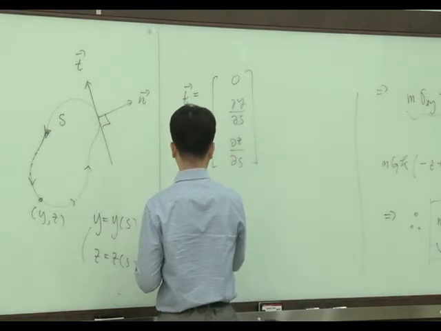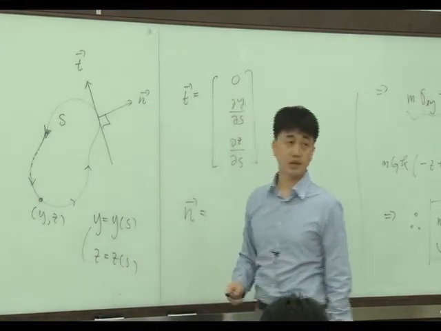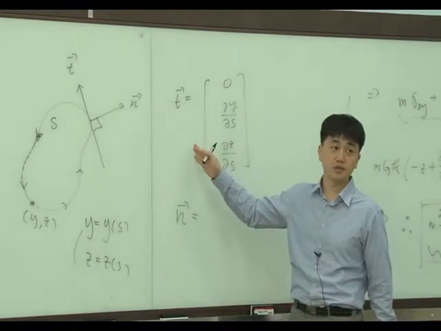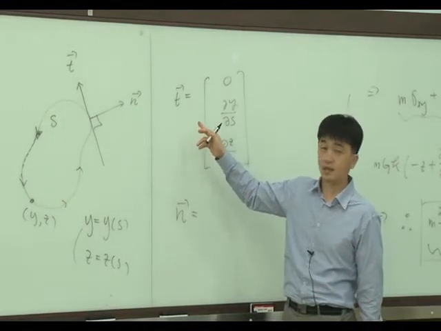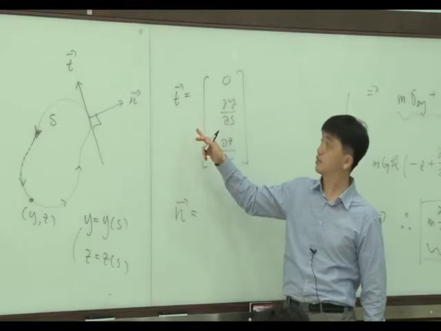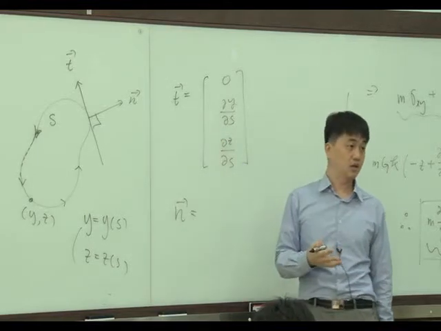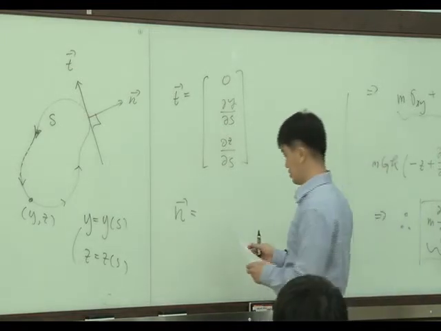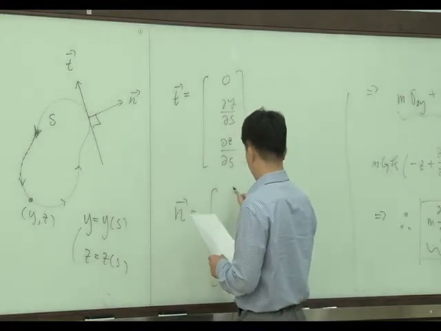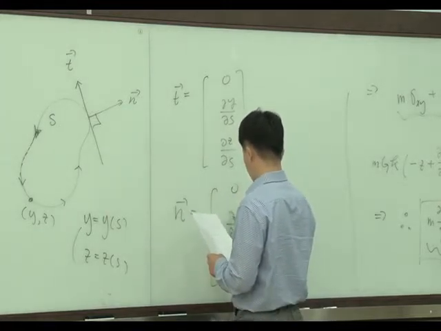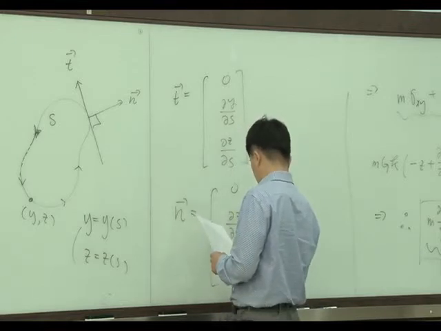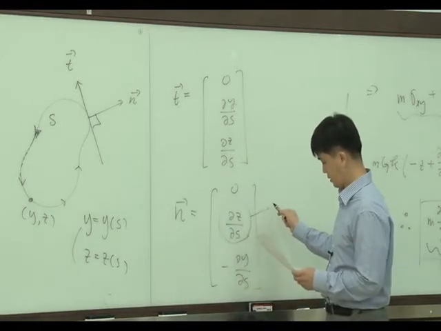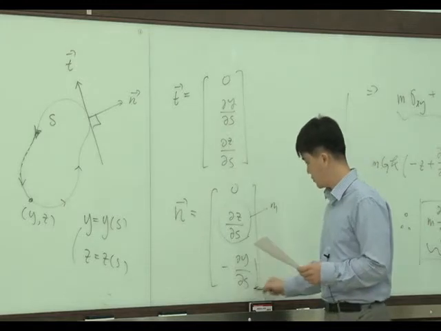Right? How about n? The normal vector n can be calculated from t. If I take the dot product of t and n, the result should be 0. You remember? So n becomes 0, dz/ds, minus dy/ds. So this becomes m, this becomes n.